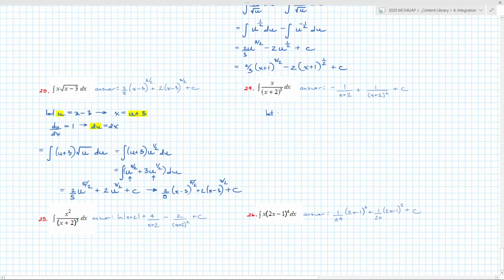Okay, so given that, you can go and try to do these problems now, following the same method that I used for 22 and 23. And for 26, you would be letting u equal 2x minus 1. And again, follow the same kind of process I did for 22 and 23.